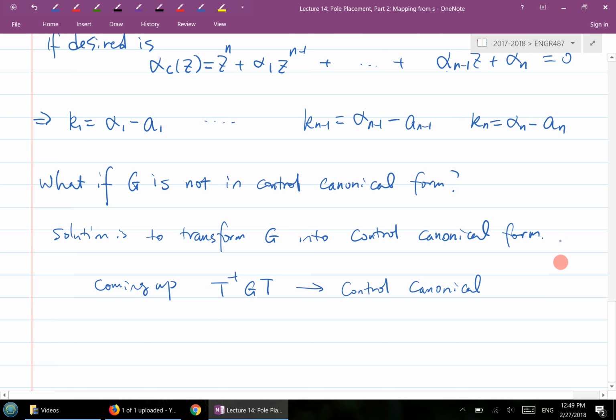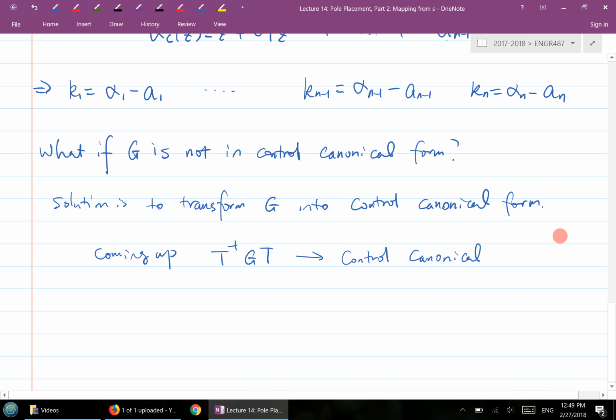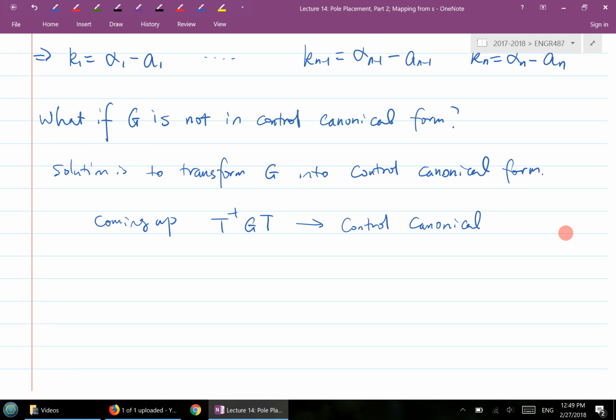Now, the only catch is what this T matrix will be. What type of T matrix will give us this desired transformation? I'll give you the result here without the proof, but you can take a look at the lecture notes or textbook for the proof.